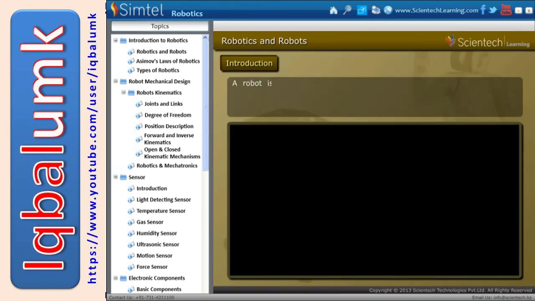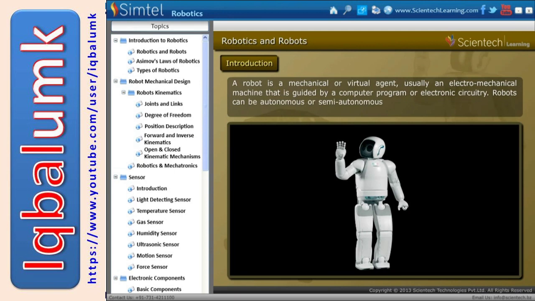A robot is a mechanical or virtual agent, usually an electromechanical machine, that is guided by a computer program or electronic circuitry. Robots can be autonomous or semi-autonomous, and range from humanoids, such as Honda's Asimo and Toshiba's Topio, to industrial robots.